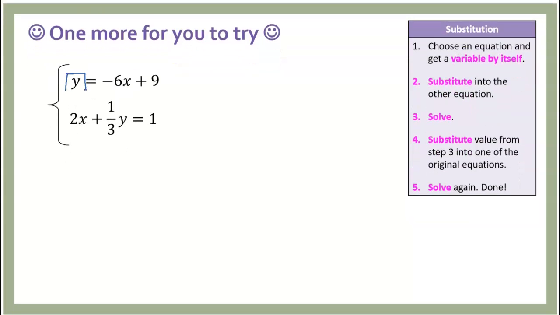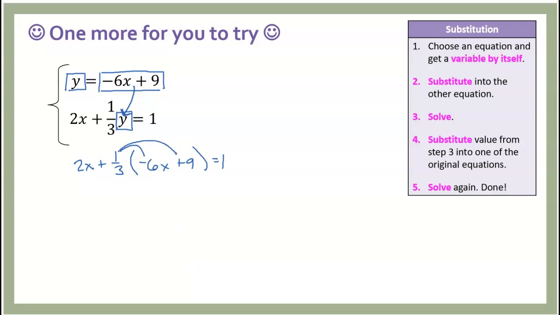So here we have a y by itself already. We don't have to do that step. We can put boxes around our y values. We can bring this one down into that y. So we replace this box with that box. We get 2x plus 1/3 times y, so everything in this box, negative 6x plus 9 equals 1.